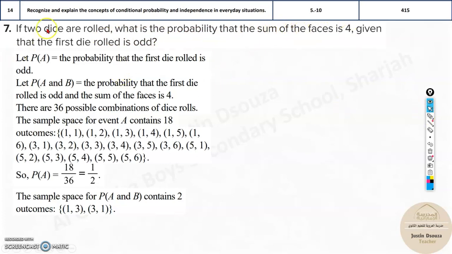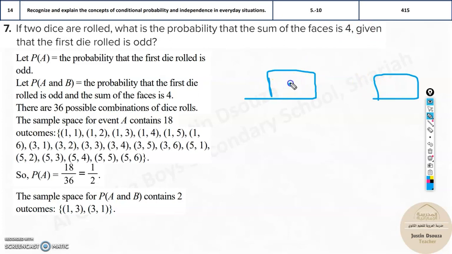Given that the first die rolled is odd, see, this is the condition. Now you must write the first condition, the probability that the first die rolled is odd. What are the possibilities? Now there are two dice, isn't it? The first die you will roll, and then the second die.